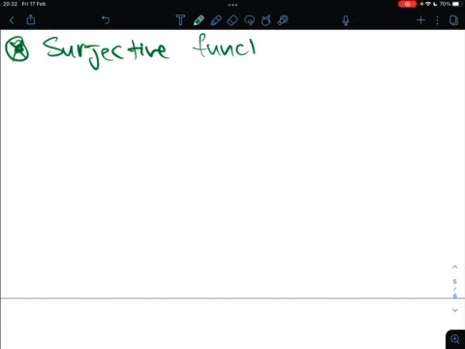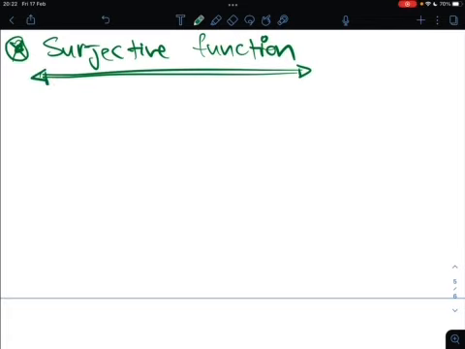Now, let's look at the next type of function, which is surjective functions. So how can we prove surjectivity?